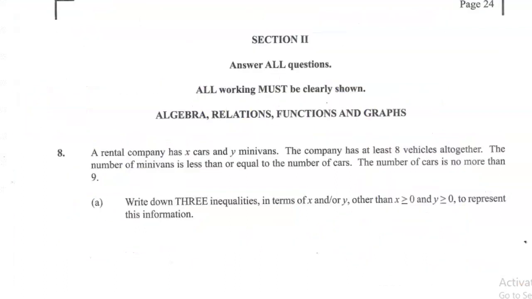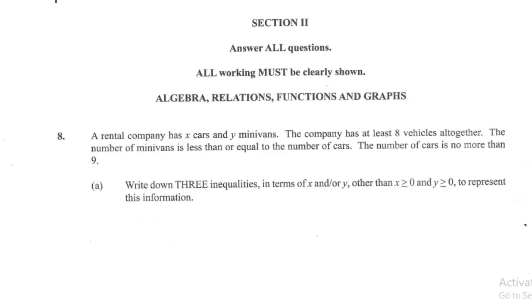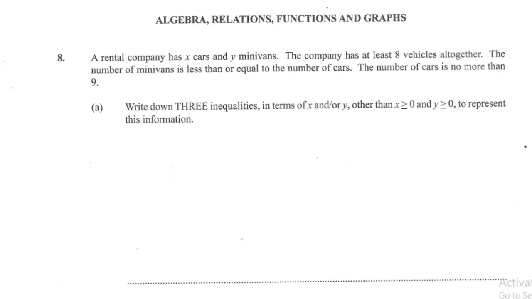Next question is question 8, section 2. I don't know why CSEC do this, because all the questions are compulsory. So just 10 questions, answer all 10, right? Question 8: a rental car company has X cars and Y minivans. The company has at least 8 vehicles together.